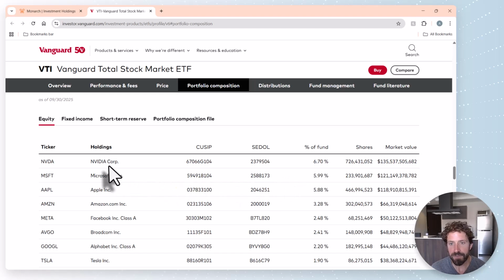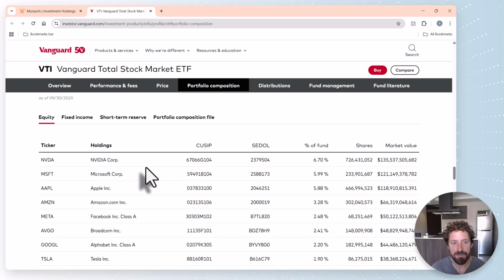So if NVIDIA is going up and that's a bigger part of the market, then this fund is going to reflect that NVIDIA is becoming a bigger part of that market. You can see it's huge. It's 6.7%. So every time you buy a share of VTI, 6.7% of that is going to be investing in NVIDIA as well.